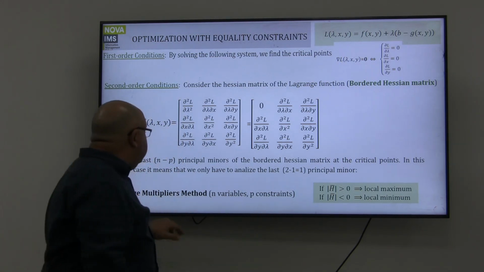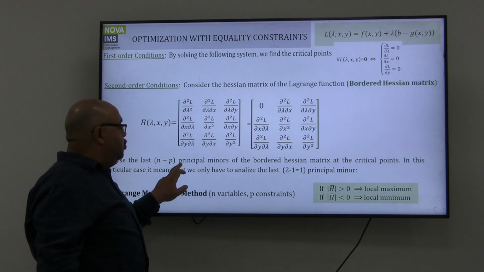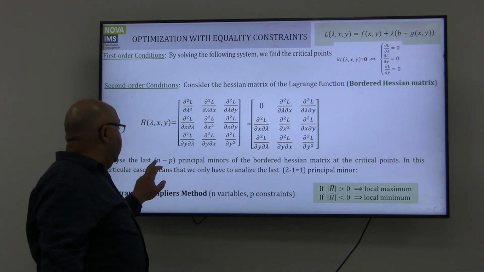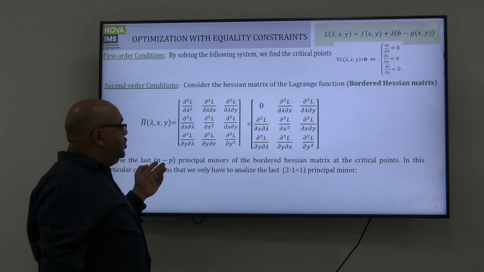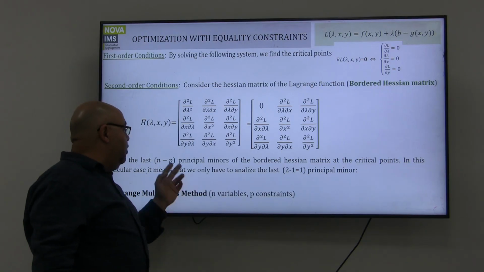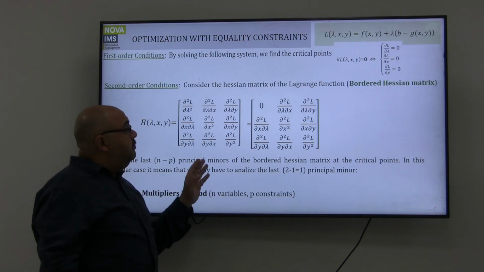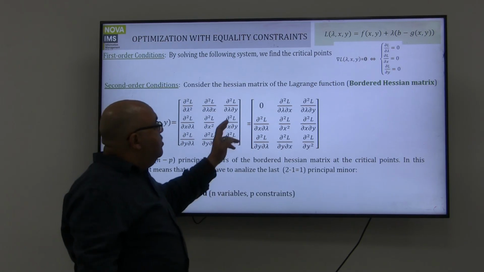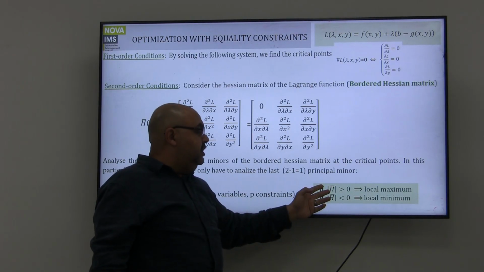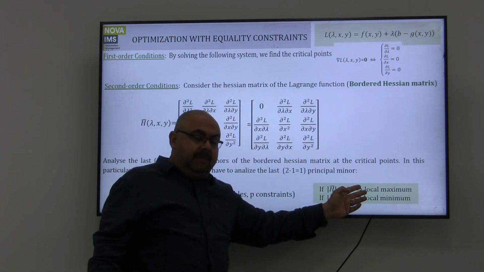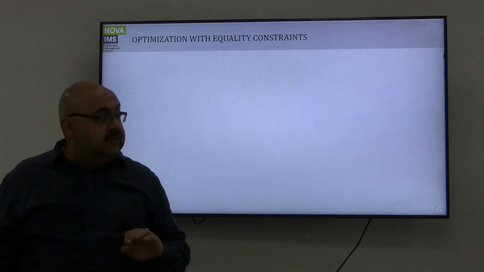As I told you, it depends on the last principal minor, of order n minus b, where n is the number of variables and b is the number of constraints. Usually, if I'm dealing with 2 by 2, it is the 3 by 3 determinant. If the 3 by 3 determinant is greater than 0, then it's a local maximum. Less than 0, then it is a local minimum, as you can see.